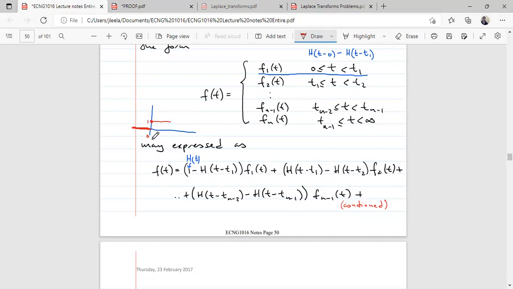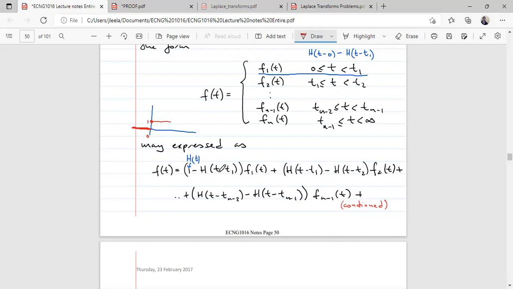So that is 1 here, right? So H(t minus 0), right, will be 0 on this side here. But as it hits 0, it will be 1, right? So H(t) is really 1 then. That is why I put an arrow here to show that H(t minus 0) is 1.